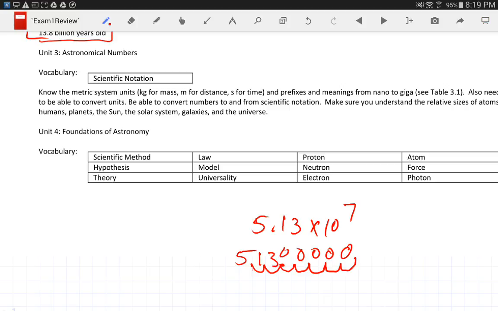You need to be able to convert numbers into and out of scientific notation. So if the exponent was a plus, I was moving the decimal point to the right the number of times the number was. If it's a minus, I'm going to move it to the left.